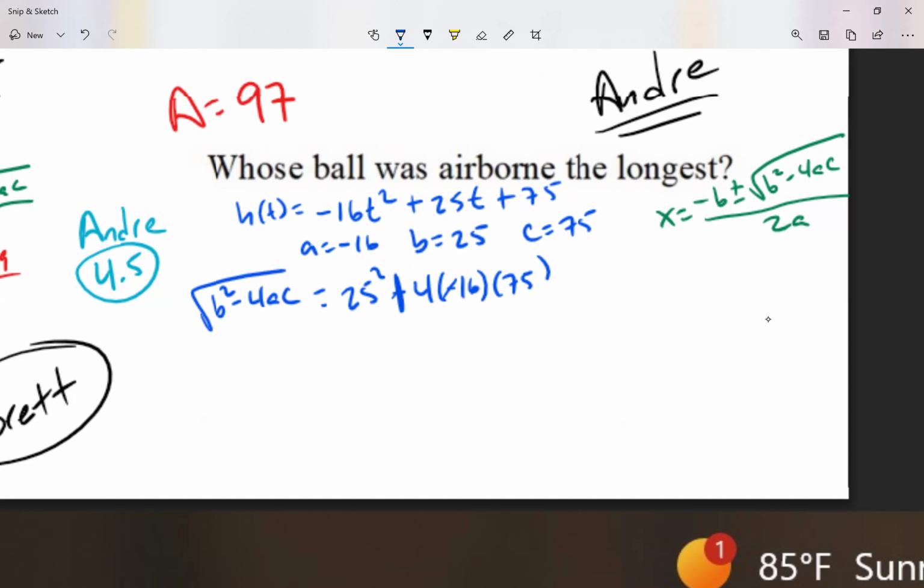So that's pretty cool. So I have 25 squared plus 4 times 16 times 75. And that gives me 5,425. And I have to get the square root of that. Now the square root of 5,425, I'm going to round to be 73.65.